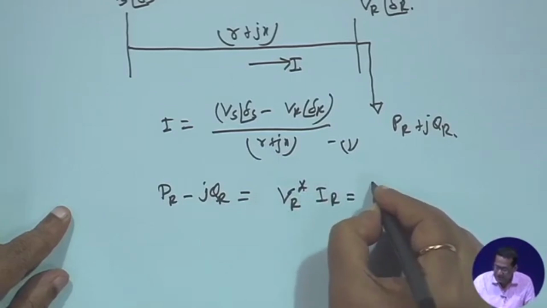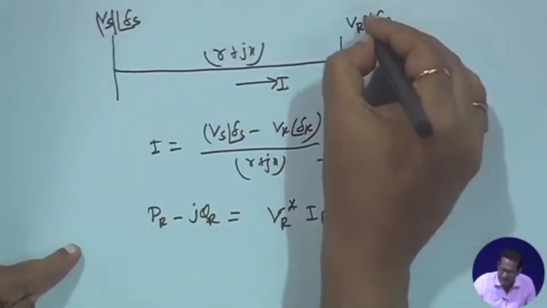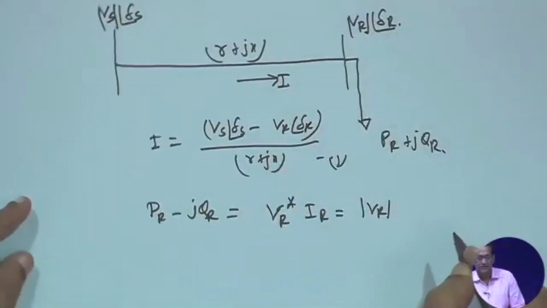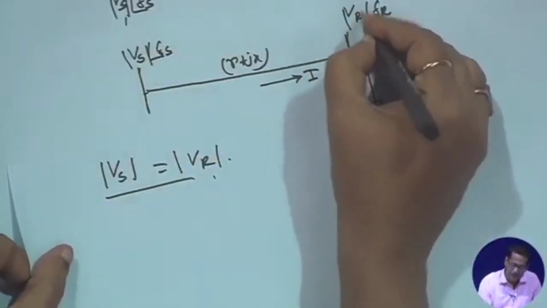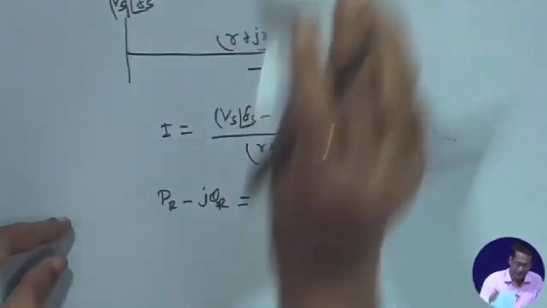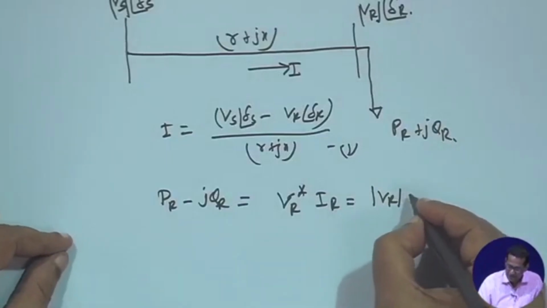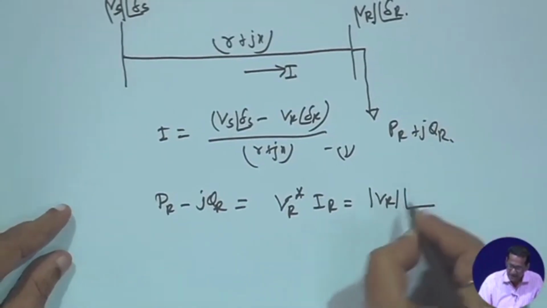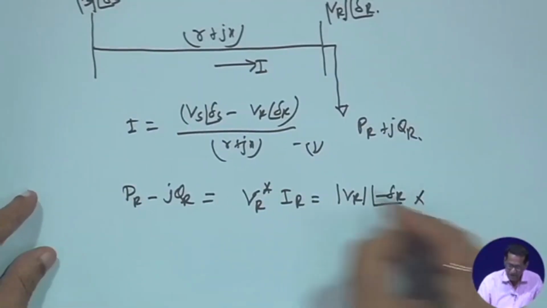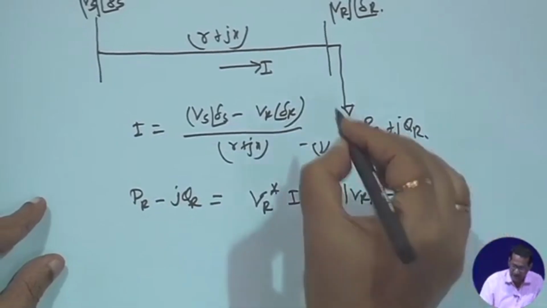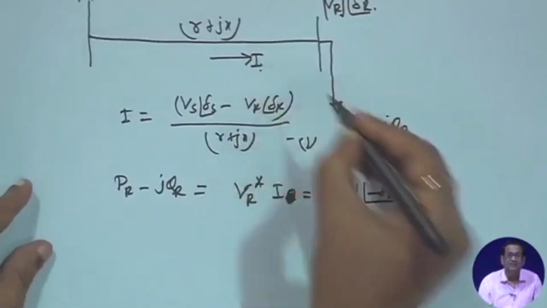This is magnitude actually, right. So, in the previous diagram also it will be magnitude. So, it is V r conjugate, that is your V r angle minus delta r, because it is conjugate, into I. You can take I equal to I r also, no problem.